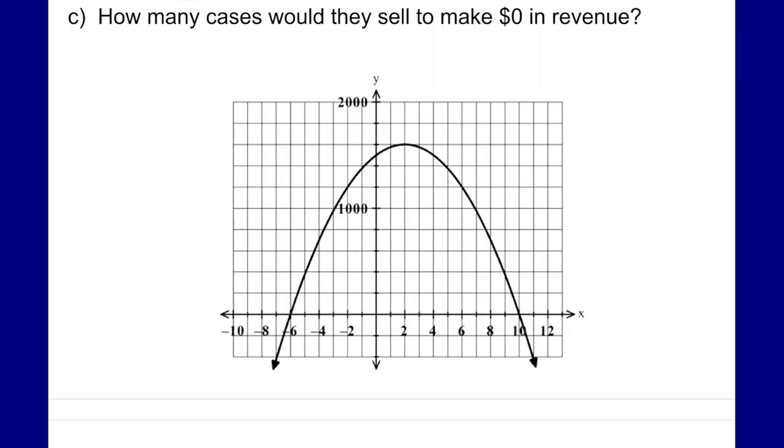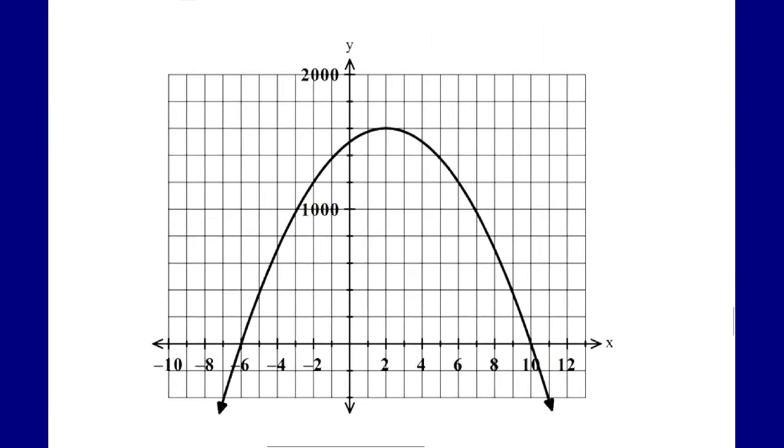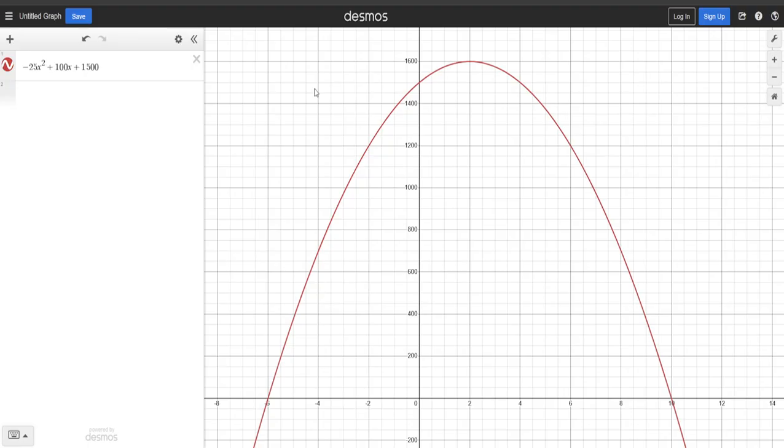If I look at my graph, the y value is going to represent the revenue, and the x value is going to represent the number of cases. So if I'm looking for 1,375, the nice thing about Desmos is I can click and drag and I can see the coordinates.